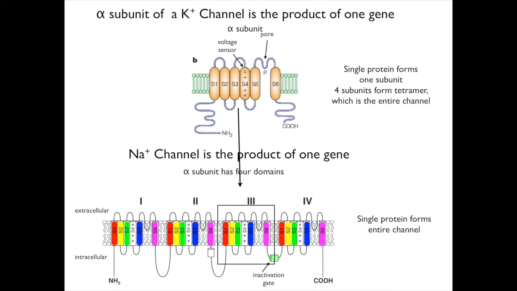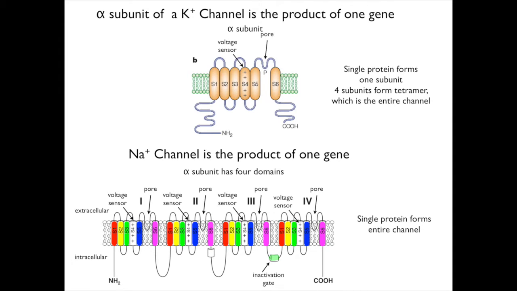The alpha subunit of the potassium channel is basically the same as one domain of a sodium channel. Recall that the sodium channel has 4 domains. Each domain has 6 transmembrane segments, S1 to S6, with an S4 segment that is the voltage sensor, and a pore formed by the loop between S5 and S6.